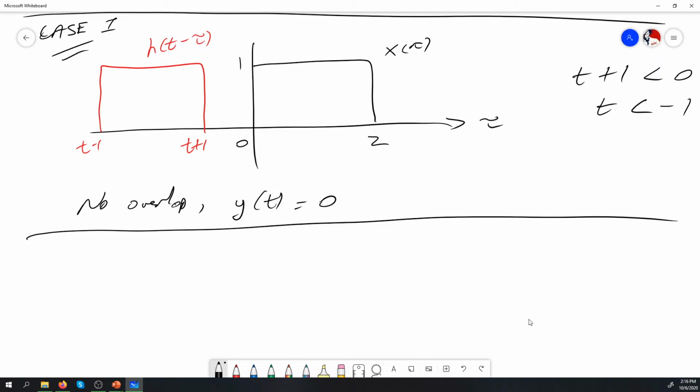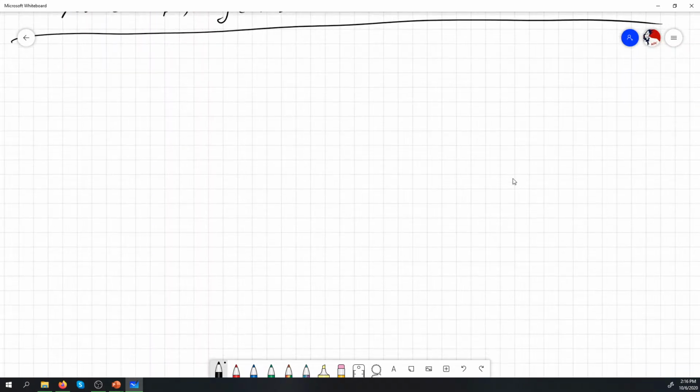So let's slide the h of t minus tau signal such that this t plus 1 line intercept is going to be in between 0 and 1 for the x of tau signal. So this is going to be case 2.